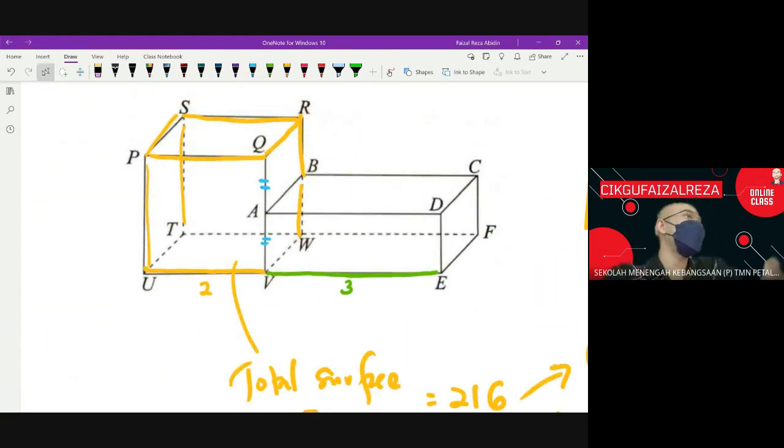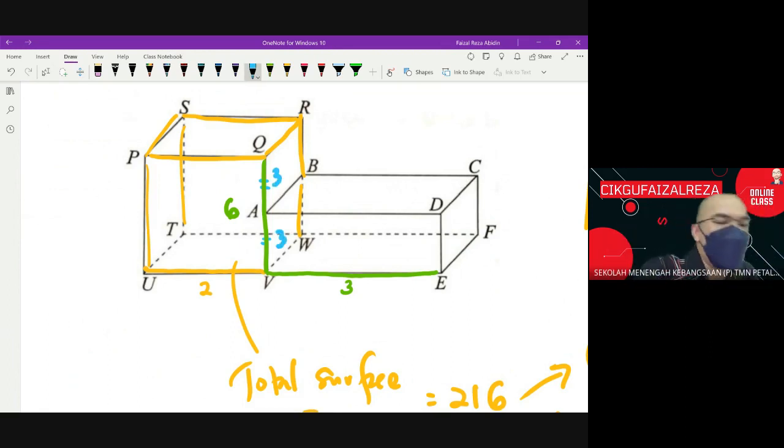Okay, if you look over here, just now we have two pieces of information given. First, ratio. Second, A is going to be the midpoint. So we know the total over here is 6, which means this one is 3 and 3.